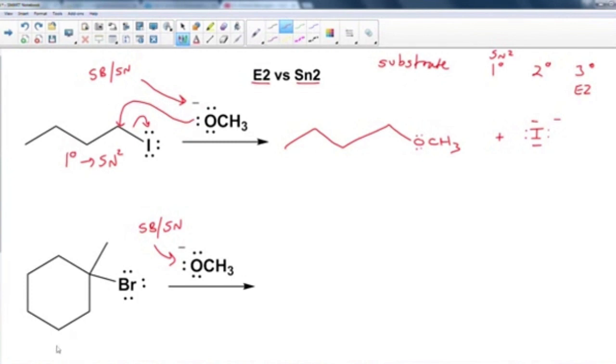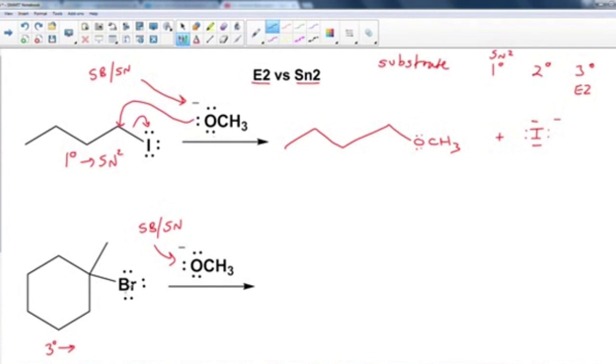So what sort of substrate do we have here? Well, we clearly have a tertiary substrate here. And we have something that's a strong base and a strong nucleophile, so it could favor either SN2 or E2. So we're going to look at the substrate and see which it favors. Let's go back. We know that SN2 is favored by a primary substrate, and this is definitely not a primary substrate.